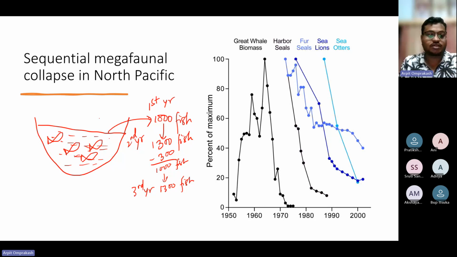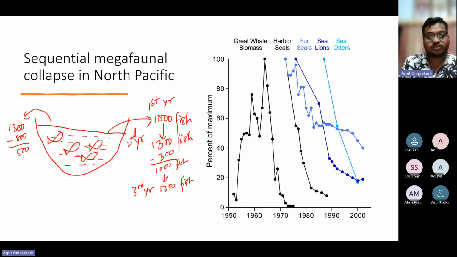So this is something that we can keep on doing sustainably without affecting the population of the fish drastically. But let's say there's another situation where again you have 1,000 fish and at the end of the first year, there are 1,300 fish and you take out 800 fish. So you're left with 500 fishes. This is the start of the third year.